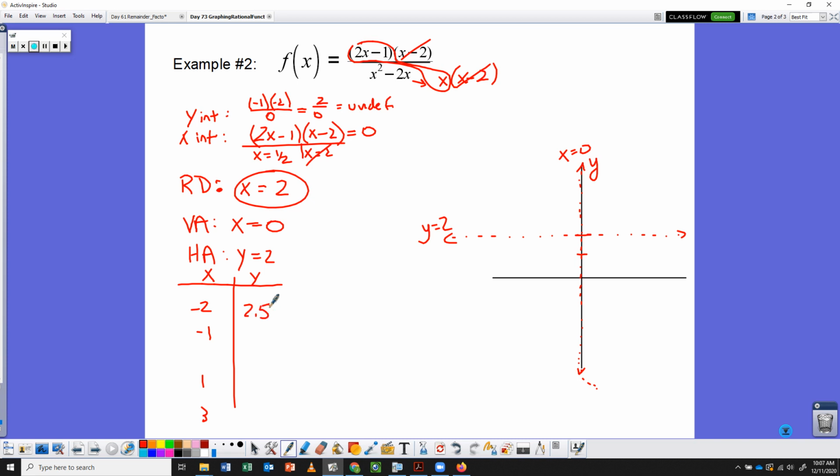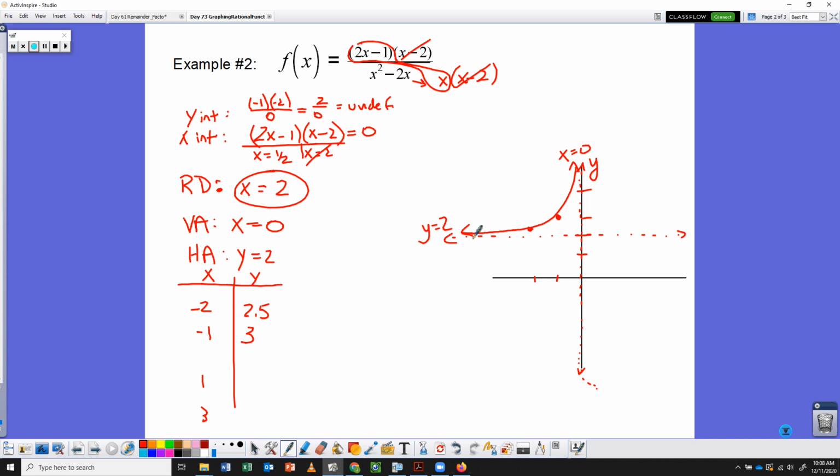When I put in the -1 as my x value, we're going to get -3 over -1, which is 3. So this side of the graph is going to be here and here. So this is what this side of the graph is looking like.